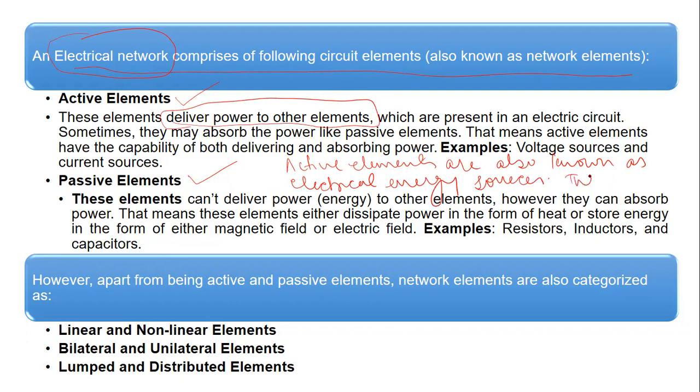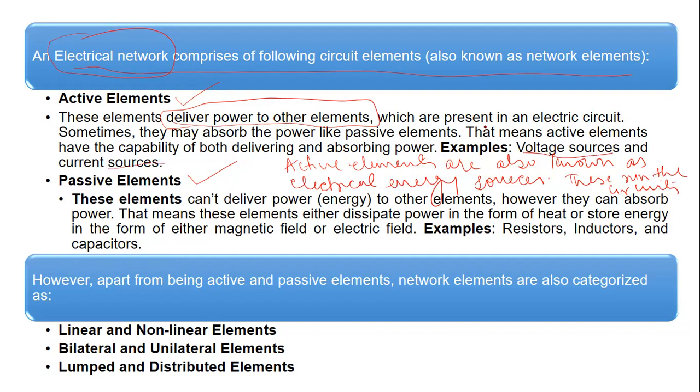So these run the circuits. That means the elements which are responsible for the operation and functioning of electrical systems and electrical networks are known as active elements. For example, your voltage source, current source, right?